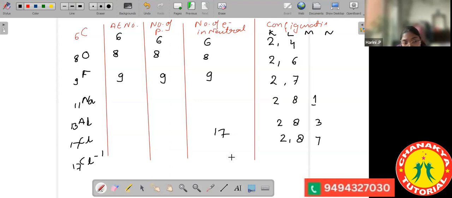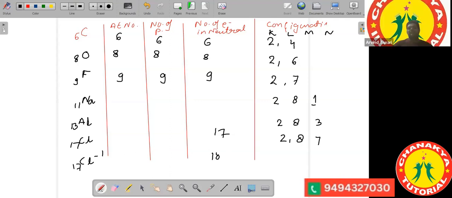So chlorine will have a total of 17 plus 1, that's 18 electrons. This chloride ion has a total of 18 electrons and hence the occupancy will be like this: 2, 8, 8. Understood?